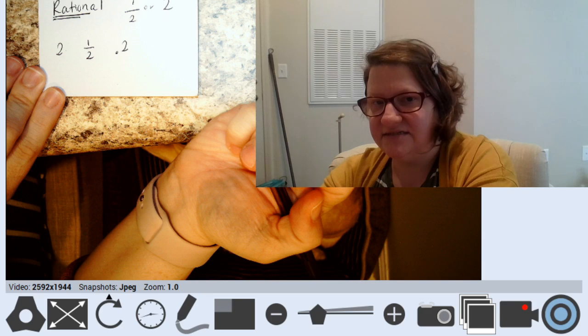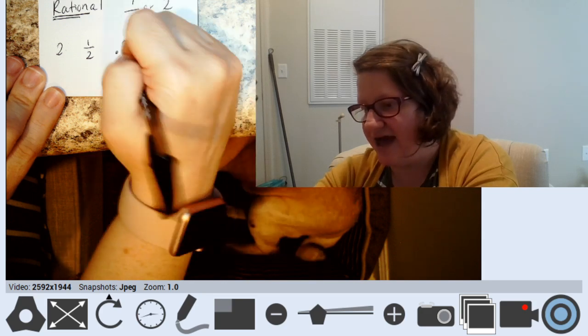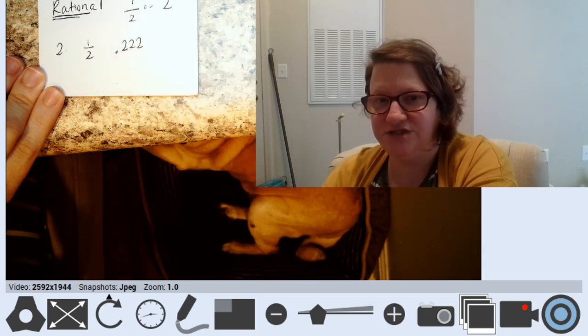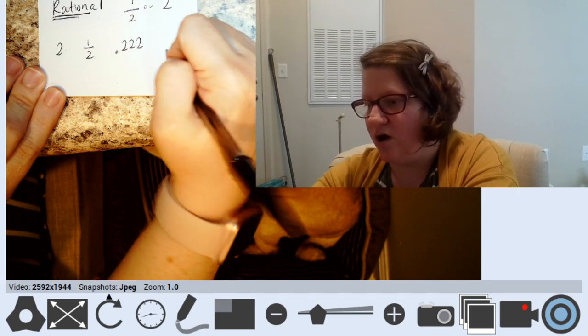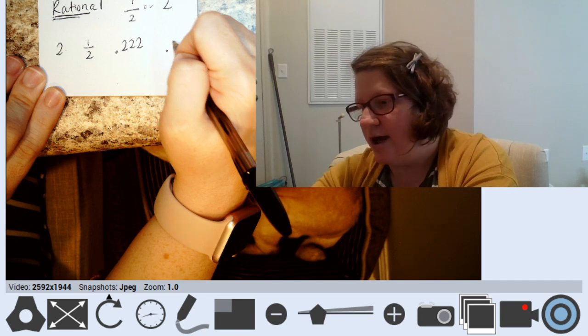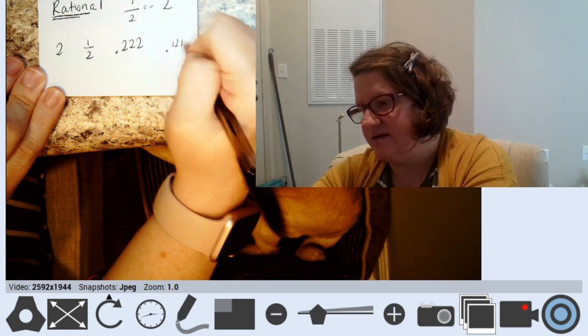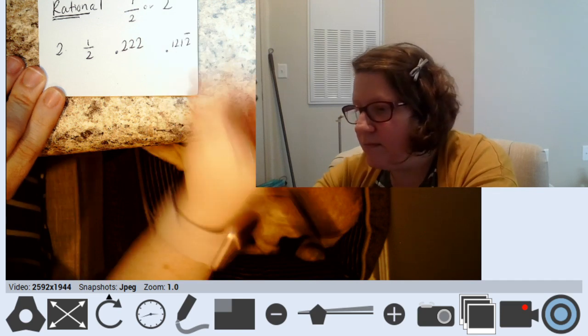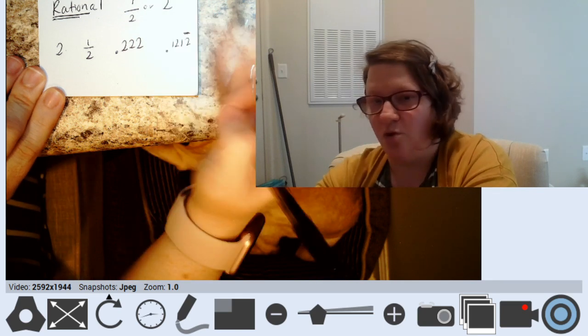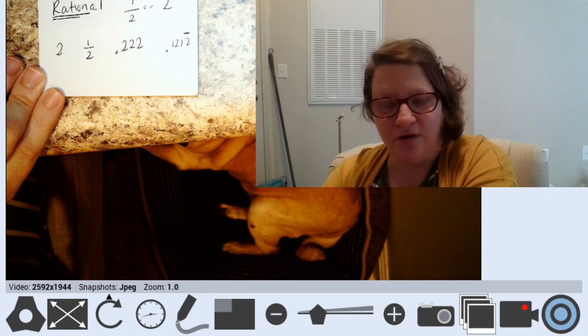that ends, even if I added some more, like, oh, it ends 0.222. That's the end. Or it can be what we would call a repeating decimal, something like this. And that would mean this is going to keep going 1, 2, 1, 2 over and over and over.